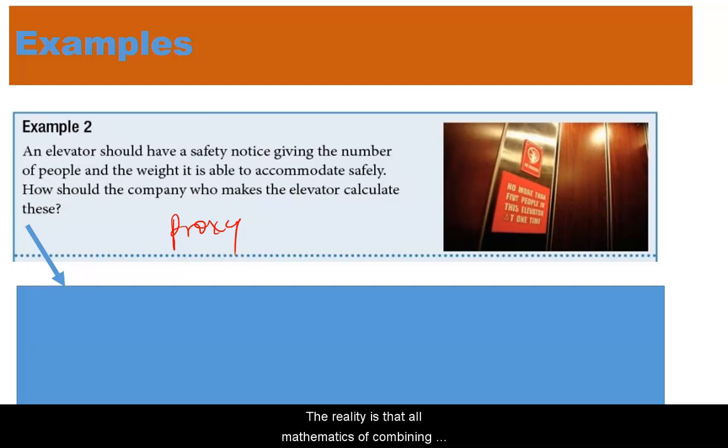The reality is that all the mathematics of combining distributions depends on an assumption of independence, and we must keep the presence of variation in mind. So even as we make this assumption, there is variation at times.